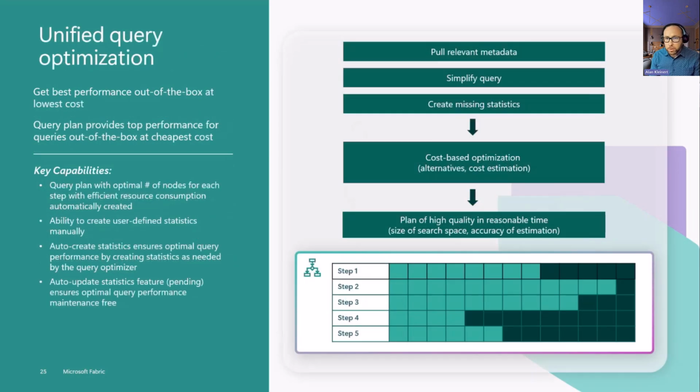Query optimization. So we talk about query plans, right? When we talk about auto create statistics and auto update statistics, looking at queries and really making the best of them. Are they missing statistics? It does a lot of this analyzing for you. And so again, it's time to value, right?